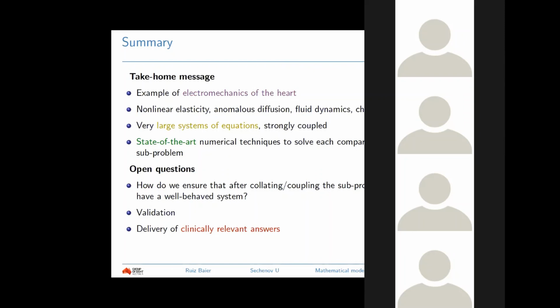And this is a very strong point in Uri's group, because they work hand in hand with clinicians, so stick to them, follow what they do, because there's a lot of potential for obtaining great results when you talk directly with clinicians. But you do need an understanding of the numerical techniques. You do need an understanding of the underlying physical phenomena, and how you put those things together to build up a consistent model, a model that can give you something feasible.